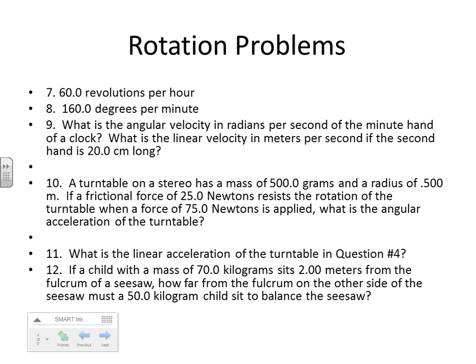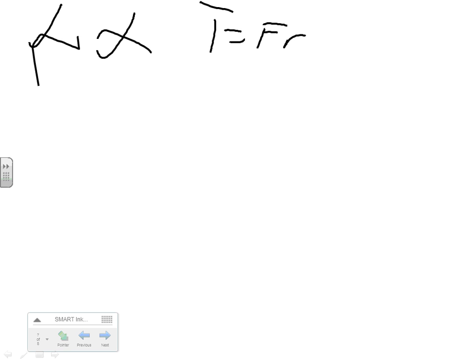Now, first of all, let's get to a new blank slide. We're trying to find the angular acceleration, which is alpha. Alpha, angular acceleration. With these turntable problems, most of the time we're going to have to use the torque equations to get there. Torque is Fr, force times radius.